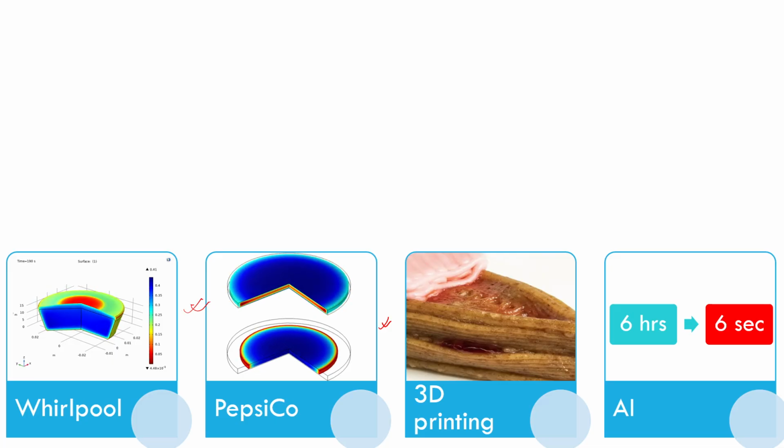And so, for example, their runtime can be reduced from 6 hours to 6 seconds. That's not very uncommon. But to build AI based models, you first need data, and you cannot always have so much data because it's nearly impossible to do that exhaustive experiment.